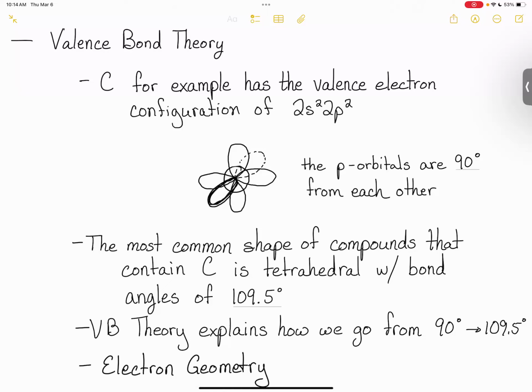So the hybridization for our linear geometry is sp hybridized because 1 plus 1 is equal to 2. We needed to combine 2 things to make the hybrid. We needed to combine an s and a p.